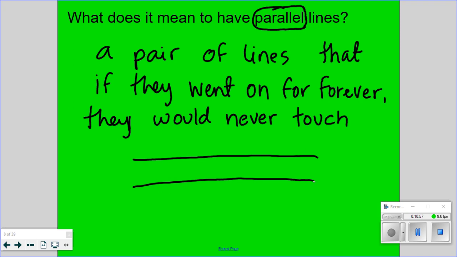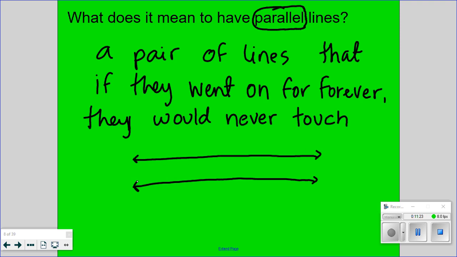Those lines right now on your paper, they do not touch, right? But if you imagine each end going on and on and on forever and ever off your notebook, would they ever run into each other? No, they would never run into each other.